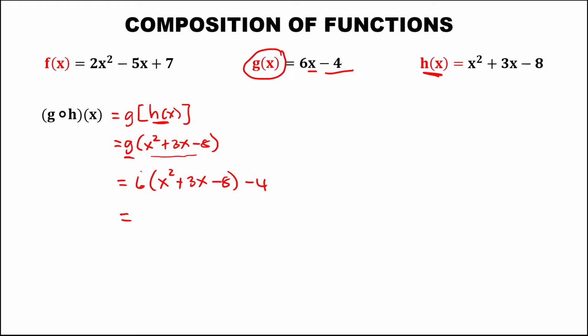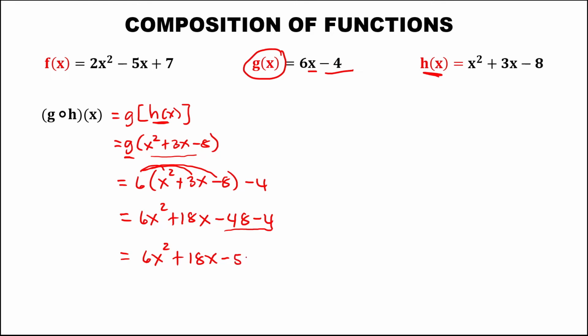Then to simplify, 6 times x squared is 6x squared. 6 times 3x is positive 18x. And 6 times negative 8 is negative 48. Then minus 4. Then we can combine like terms. So bring down 6x squared plus 18x, and combine negative 48 and negative 4, so we have negative 52.